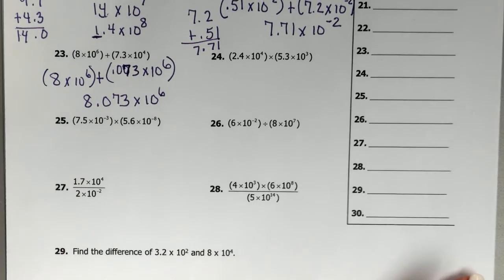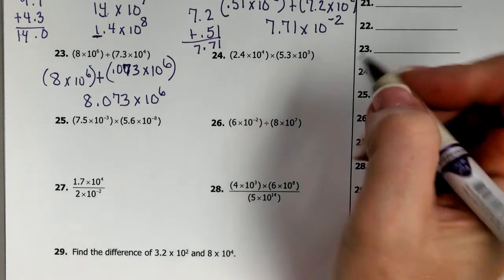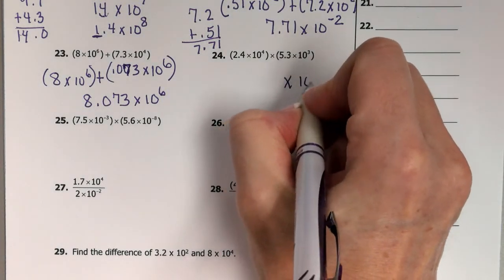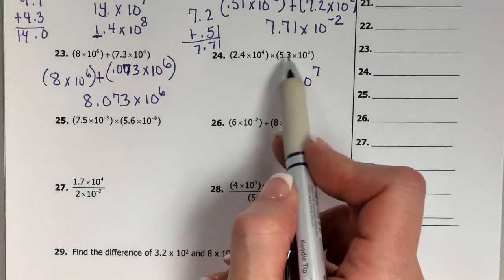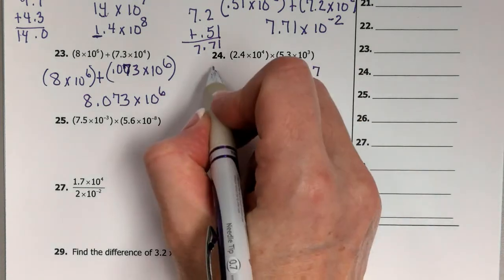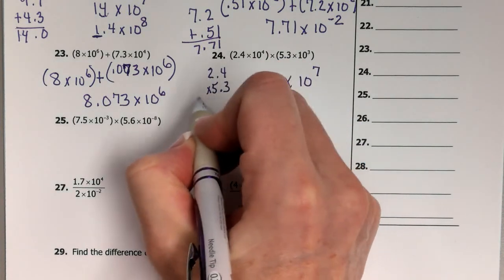We're multiplying. Do the exponents have to match? No, but what do we do now with the exponents that we're multiplying? Add them. So we know we're going to have something times 10 to the 7th. And then we just have to multiply 2.4 times 5.3.